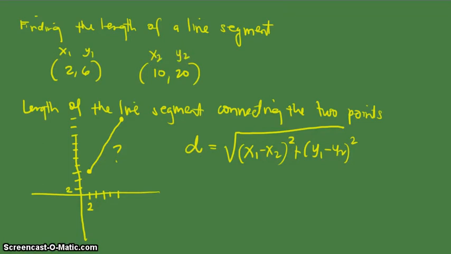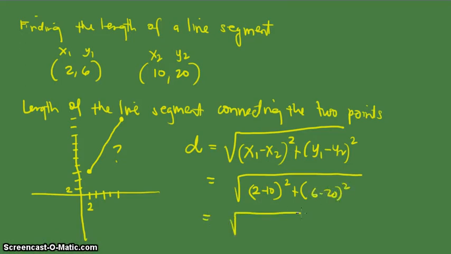If I want to find the distance between these 2 points, all I have to do is apply this formula. So x1 minus x2, so you have 2 minus 10 squared, plus y1 minus y2, so you start with 6 minus 20 squared.